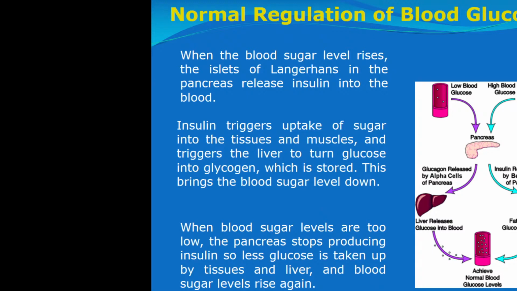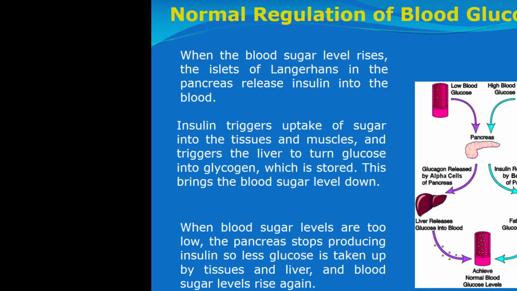Glucagon does the opposite. It increases the concentration of glucose in the blood. If you haven't eaten for a while, your blood glucose levels fall, triggering the release of glucagon from another group of pancreatic cells, the alpha cells.